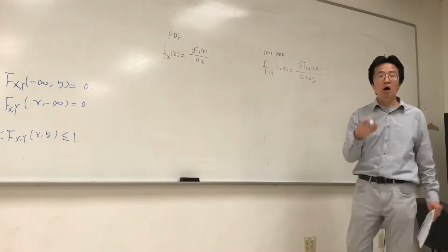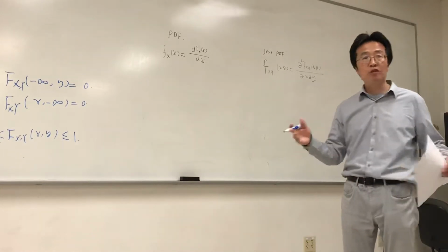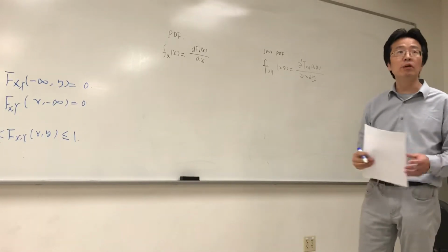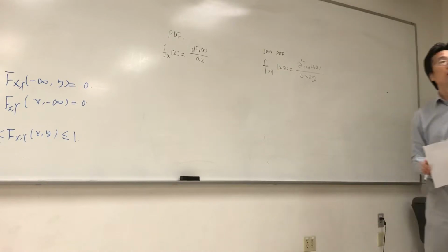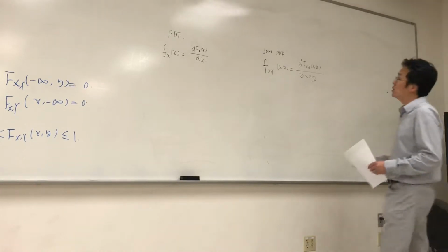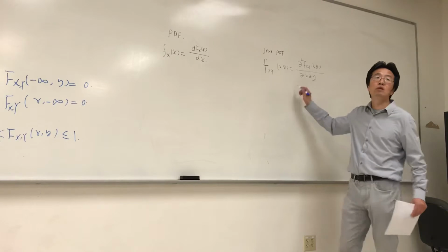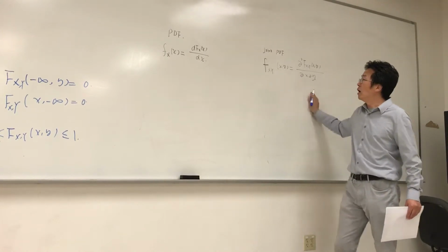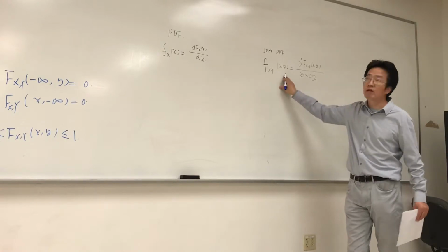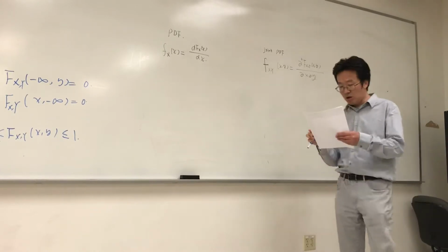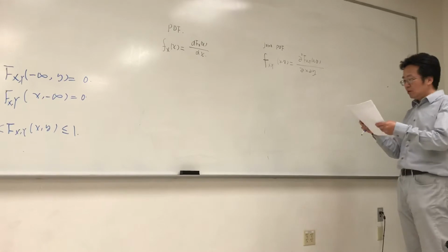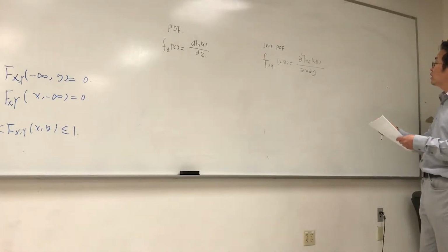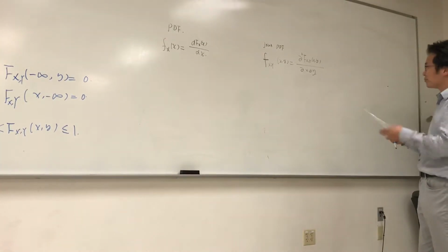For example, how we can determine all those average values, and how we can determine probability, and so on. Also later when we talk about random signals and random processes, we're going to rely on the PDF instead of the CDF.